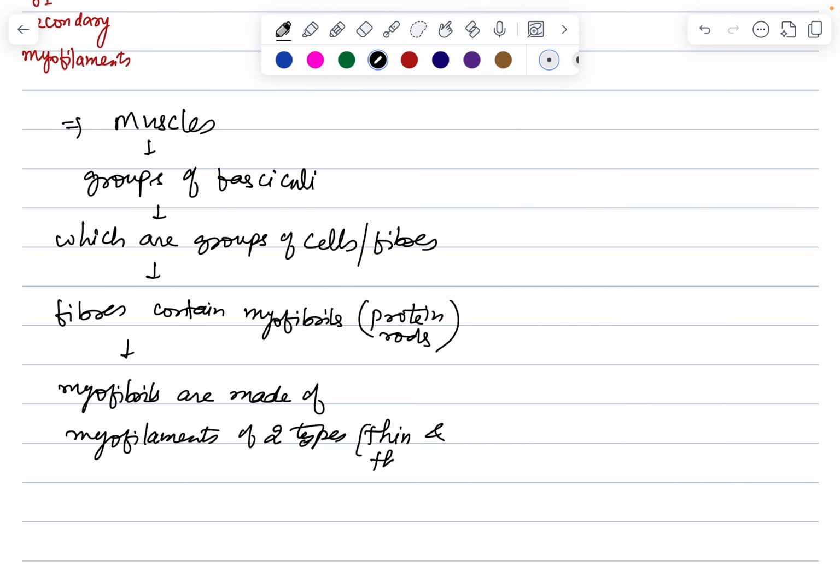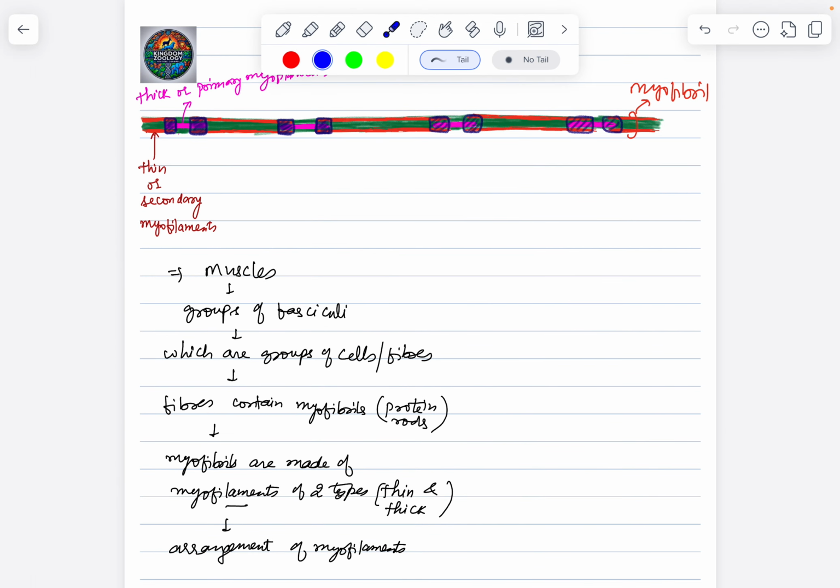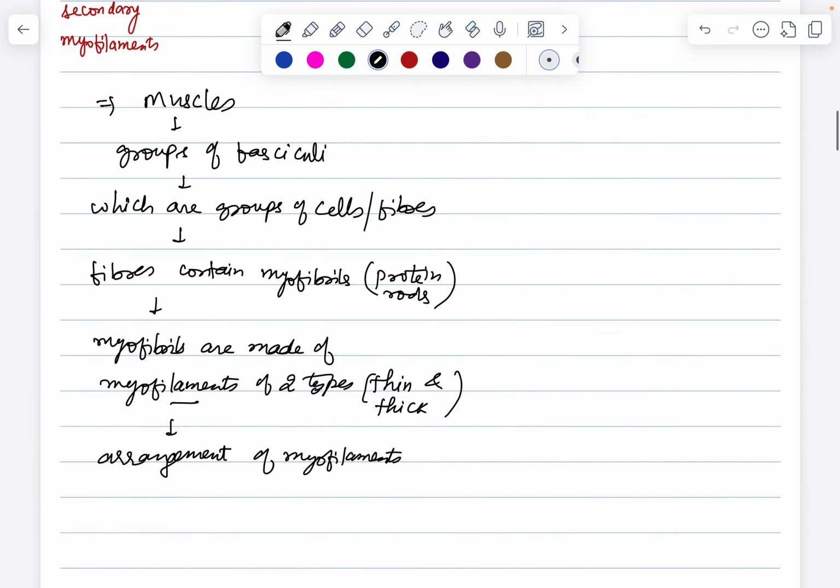Thin secondary, thick primary. It's basically the arrangement of these myofilaments in a characteristic pattern that we can see over here in the structure. The arrangement of myofilaments results in dark and light areas or dark and light bands on the myofibrils.